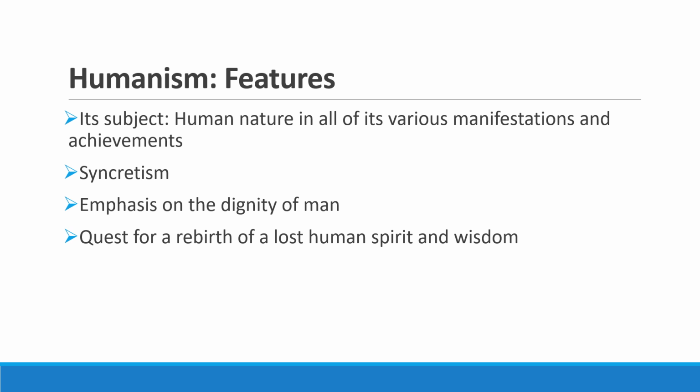It advocated syncretism, where it stressed the unity and compatibility of the truth found in all philosophical and theological schools and systems. It's a doctrine. So if religion teaches a doctrine, the humanists did not deny it just because it comes from religion.